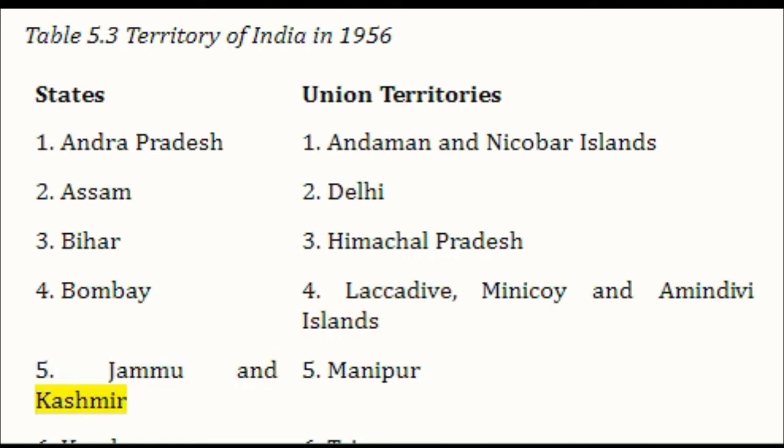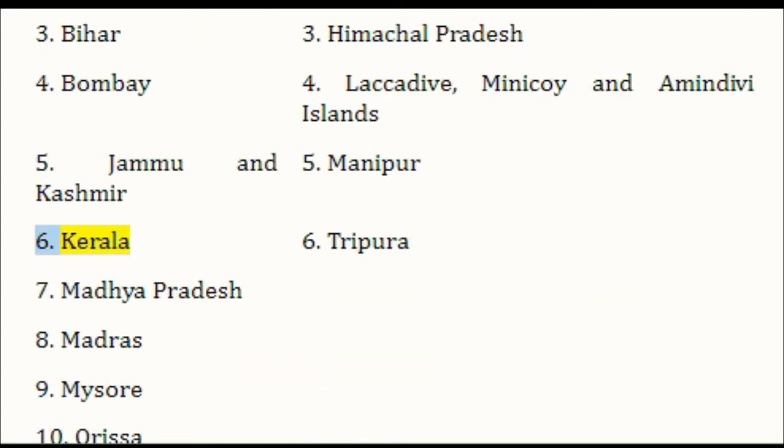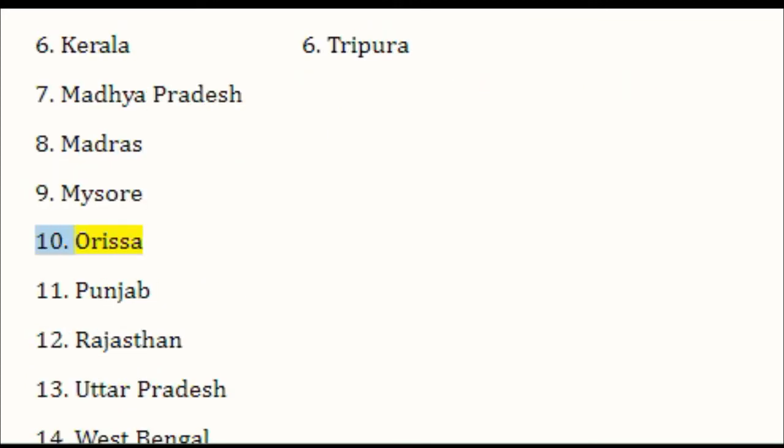Jammu and Kashmir, 6. Kerala, 7. Madhya Pradesh, 8. Madras, 9. Mysore, 10. Orissa, 11. Punjab, 12. Rajasthan, 13. Uttar Pradesh. Union Territories: 1. Andaman and Nicobar Islands, 2. Delhi, 3. Himachal Pradesh, 4. Lakshadweep, Minicoy and Amindivi Islands, 5. Manipur, 6. Tripura.